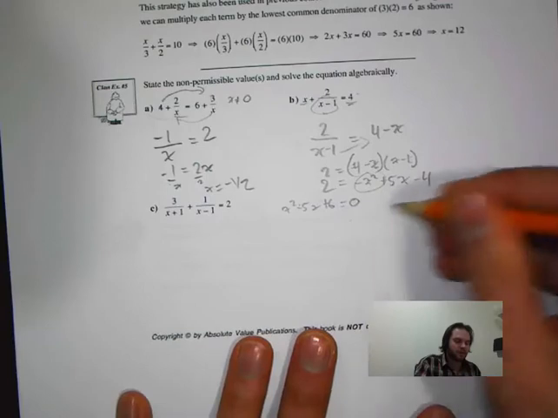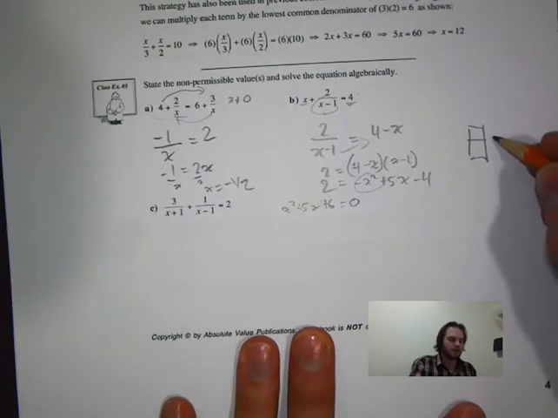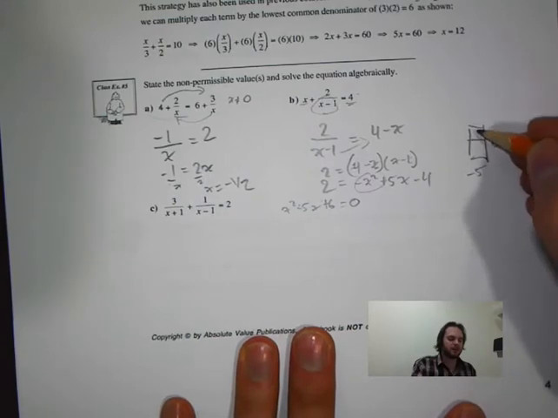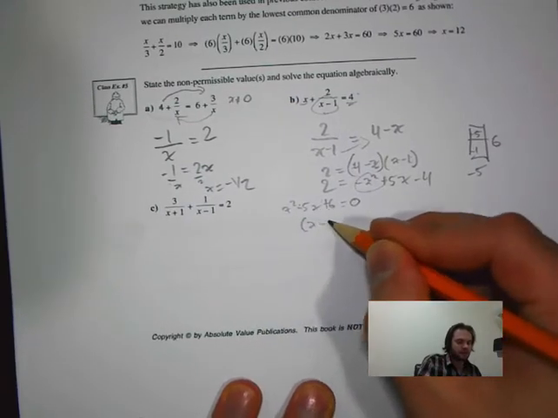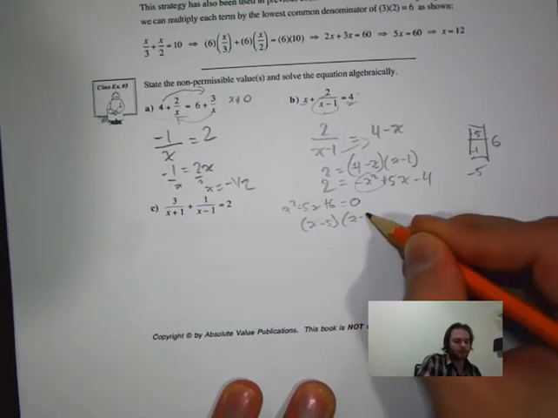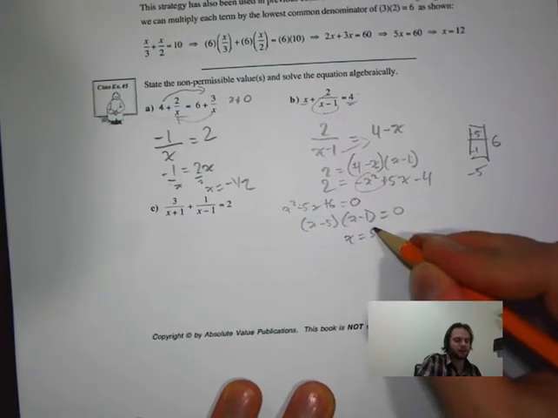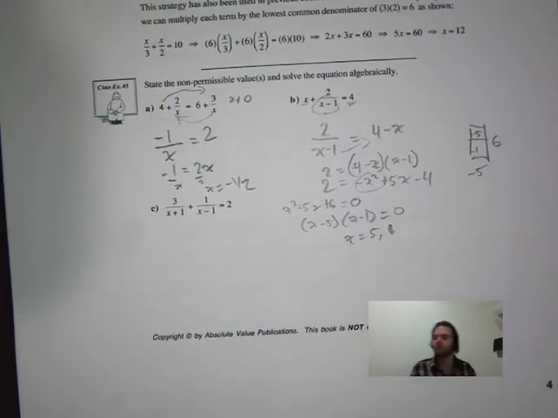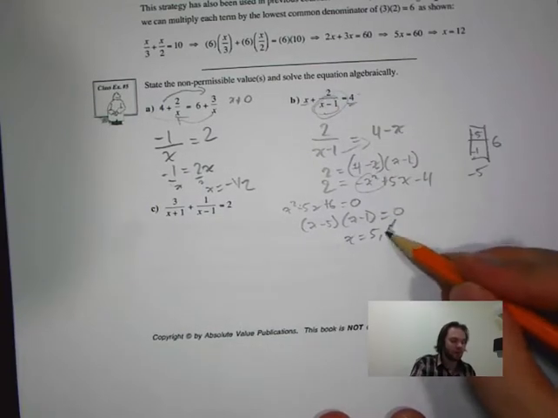When I factor this, I have 6 and negative 5, that is going to be 5 and 1, both negative. So I get x minus 5, x minus 1. So x is equal to 5 and 1. But look at my non-permissible values. X cannot equal 1.